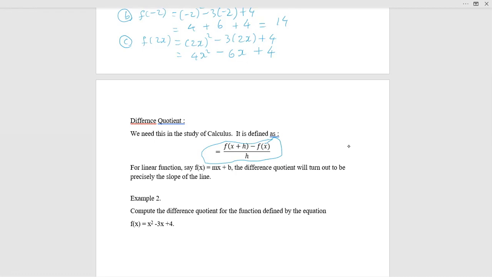For a linear function, say f(x) equals mx plus b, which is the equation of a line, the difference quotient turns out to be precisely the slope of the line. In the case of a straight line, if you calculate this ratio, it is the same as m, equal to m for a straight line.